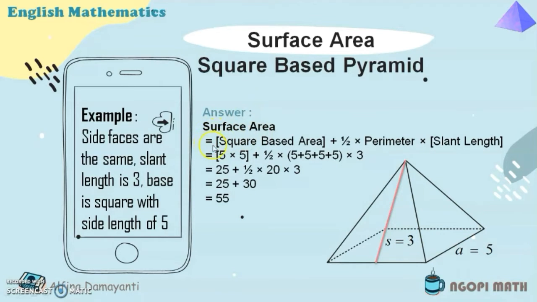Surface area equals square base area plus 1 divided by 2 times perimeter times slant length, equal to 5 times 5 plus 1 divided by 2 times (5 plus 5 plus 5 plus 5) times 3, equal to 25 plus 1 divided by 2 times 20 times 3, equal to 25 plus 30 equals 55.